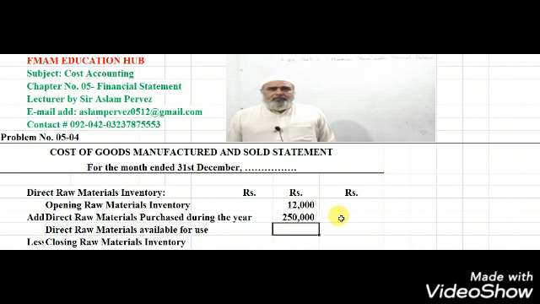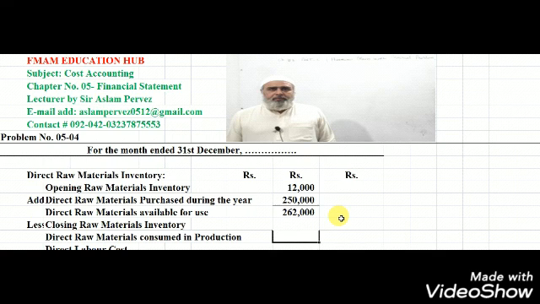Now students, we have to add up both the values here. So this is 2,62,000 rupees, the direct raw material available for use.